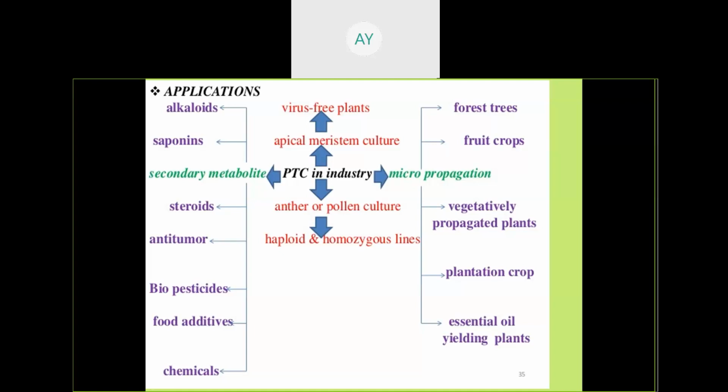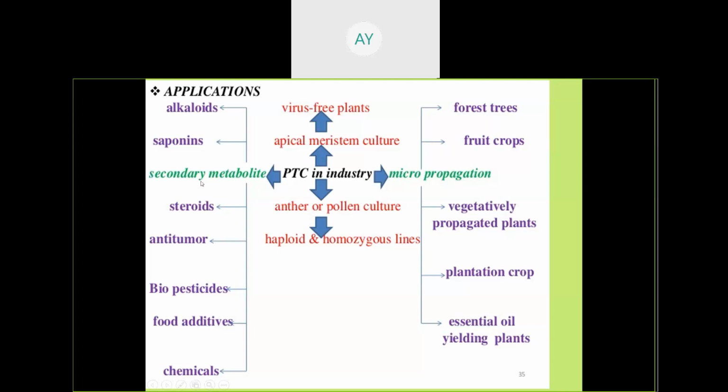Okay, so secondary metabolite production inside the plant through molecular farming. What do you mean by molecular farming? It means creation of transgenic plants, and then enhancing the production of secondary metabolites.